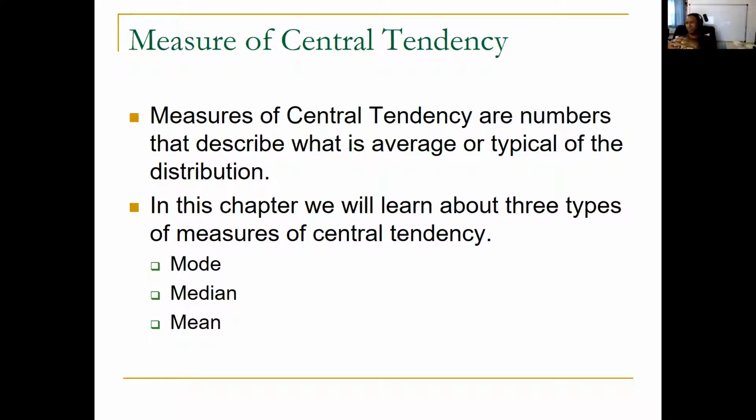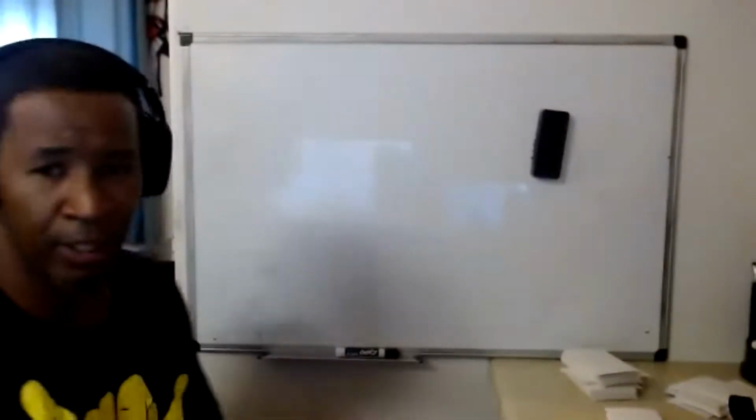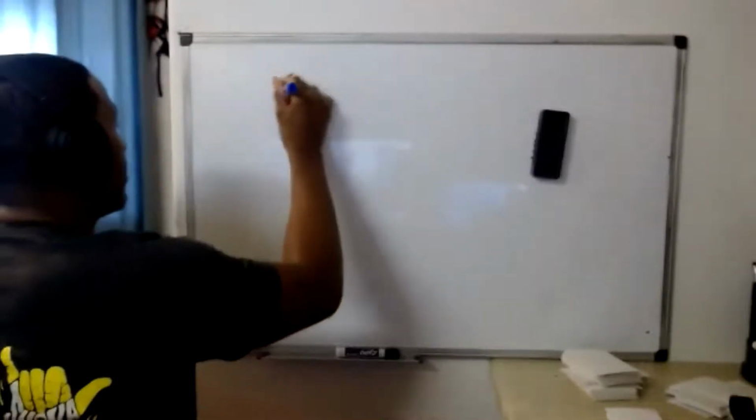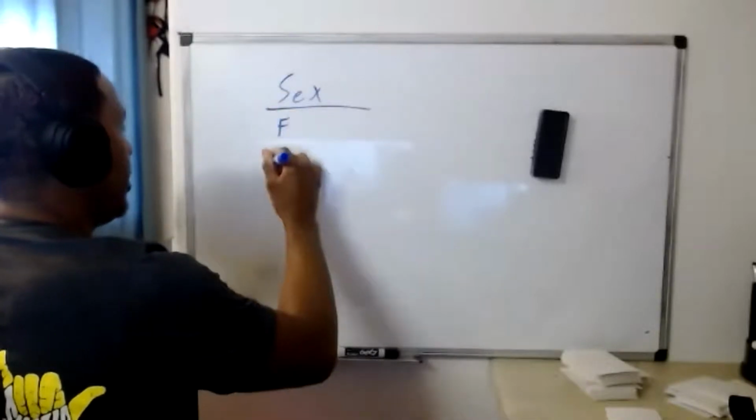So a distribution, simply put, tells you how people fit into each category of a variable. To elaborate, the example I believe I used last chapter was the distribution of sex in a class. Let's say we have the variable sex, and then we have females and males.